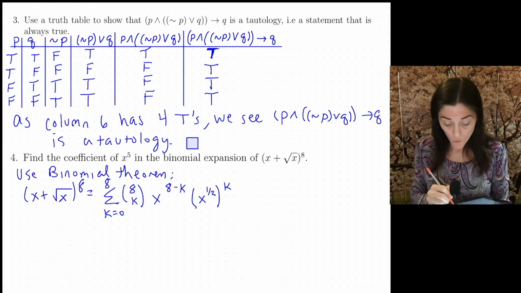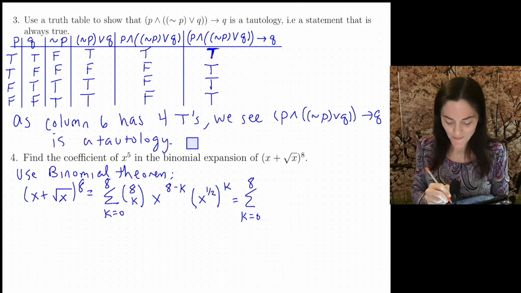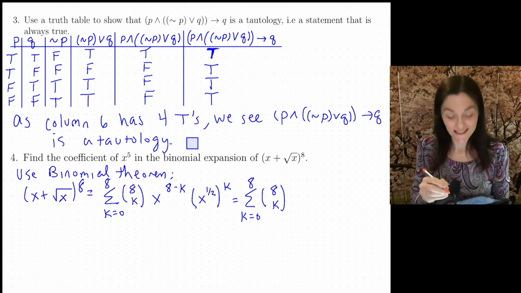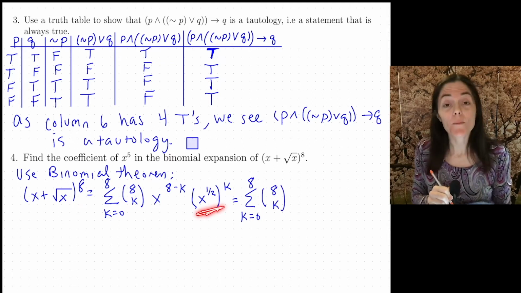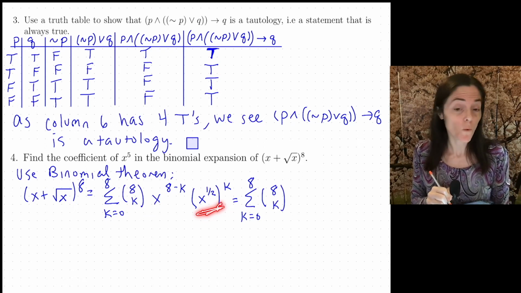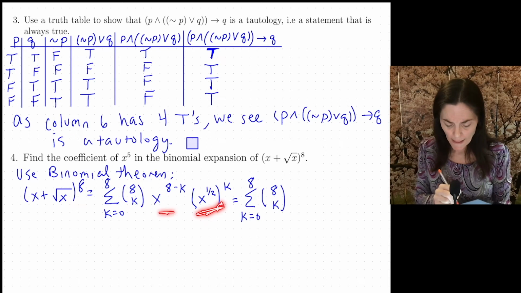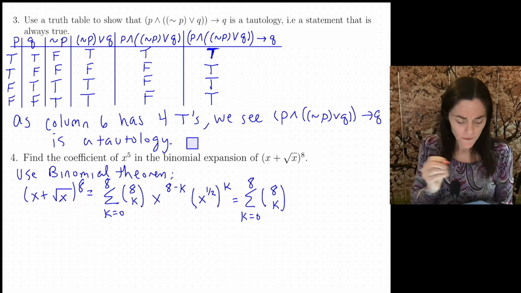Now, let's do one more step here and combine this into a single power of x. So this would be a sum, k equals 0 to 8, 8 choose k. This, okay, here, this part, power to a power, we multiply. So this is x to the 1/2 k.